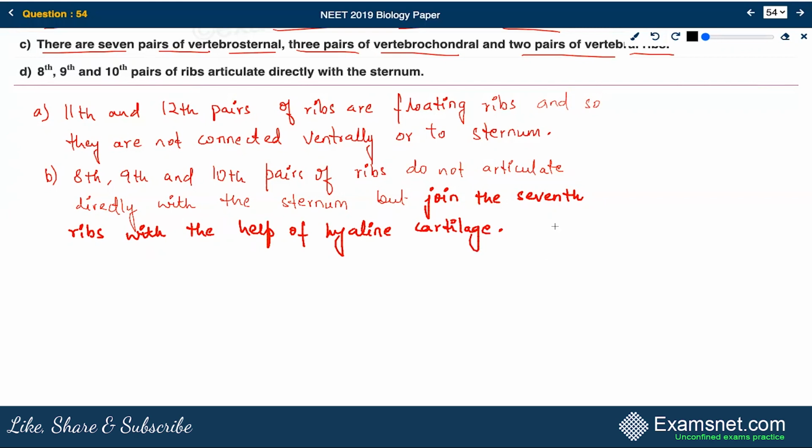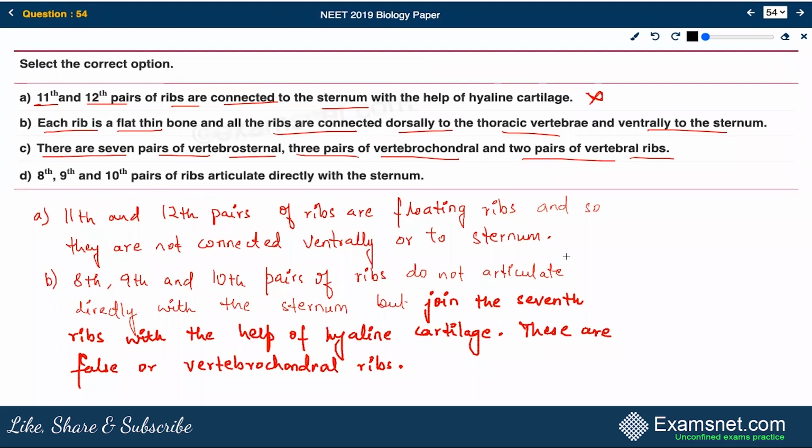This will be the case. So that's why these are considered to be false ribs or vertebrochondral ribs. So this will be the case. All right. So again, this statement also is actually wrong.